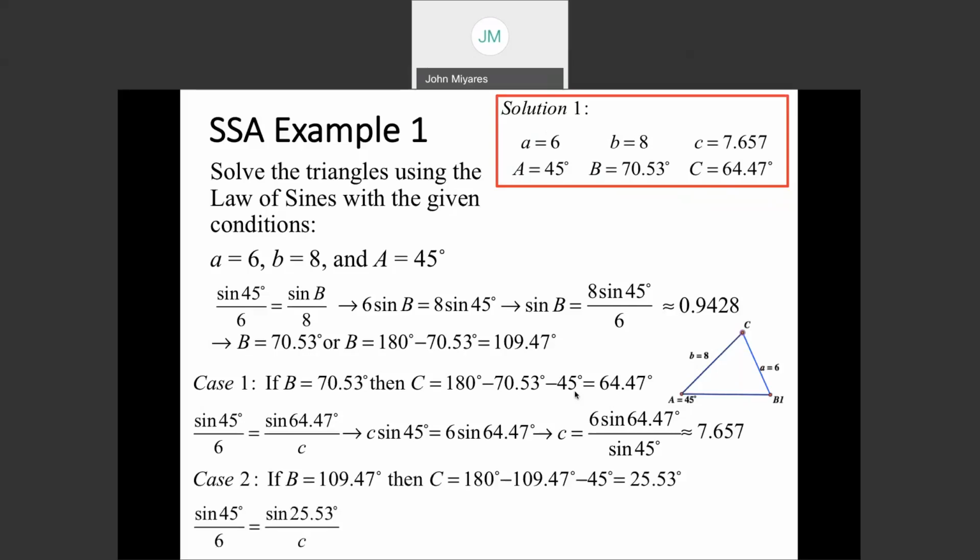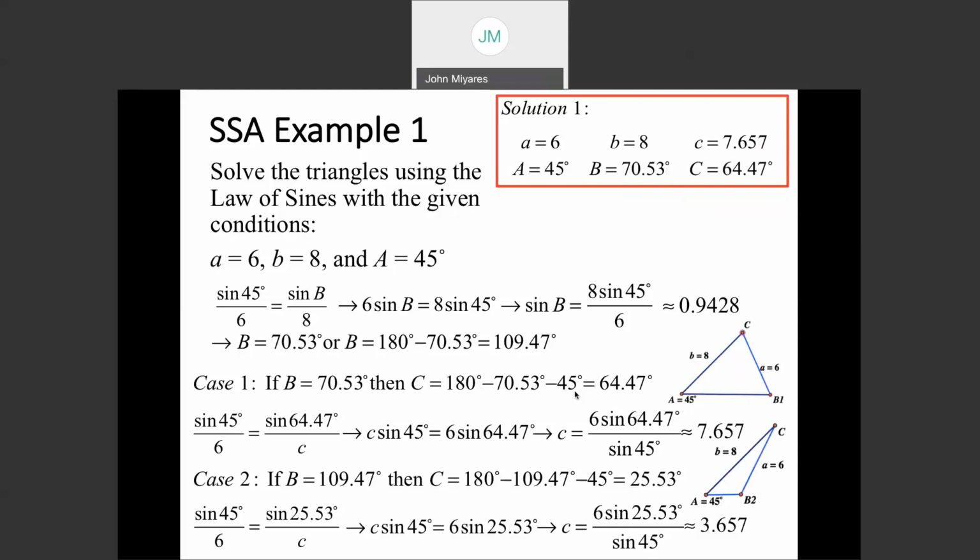Applying the law of sines here, you're going to get sine of 45 degrees over 6 equals the sine of 25.53 degrees over C. Cross multiplying and then setting the cross products equal to each other gives us this equation here. Then we can divide by the sine of 45 degrees on both sides and punch it into our calculator to get an approximate length for side C of 3.657.